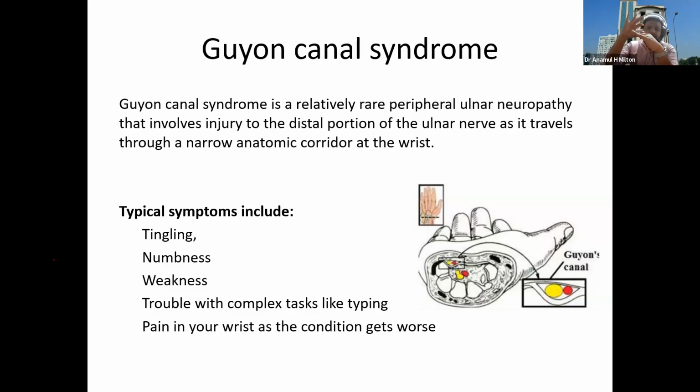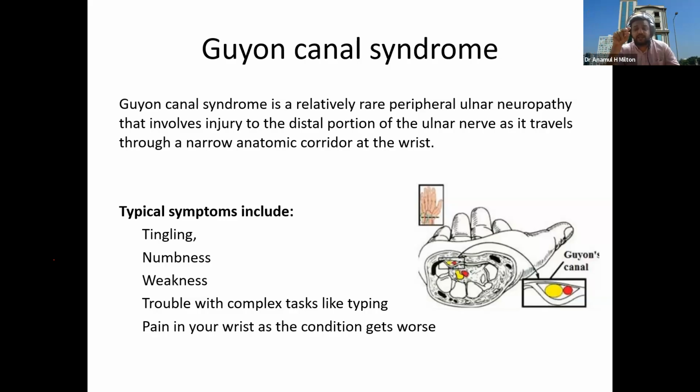So there is a very small, tiny area for two important structures: the ulnar nerve, and the ulnar artery and vein.